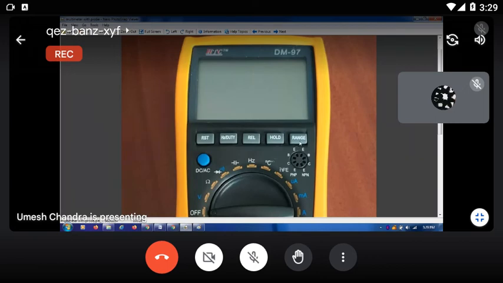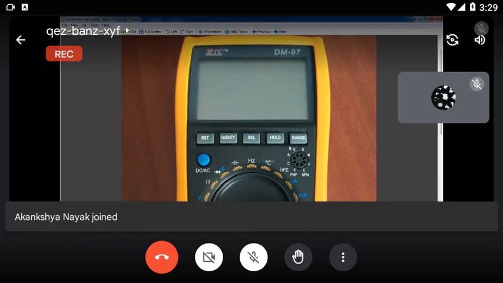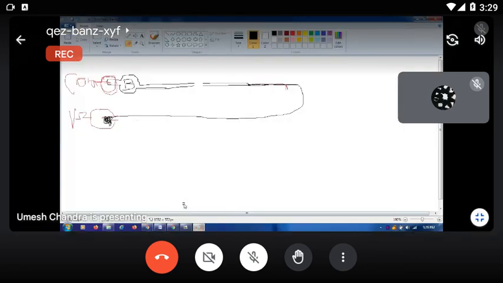And another is your range. Range means you change the decimal point. Suppose your resistance value is 1000 ohms.